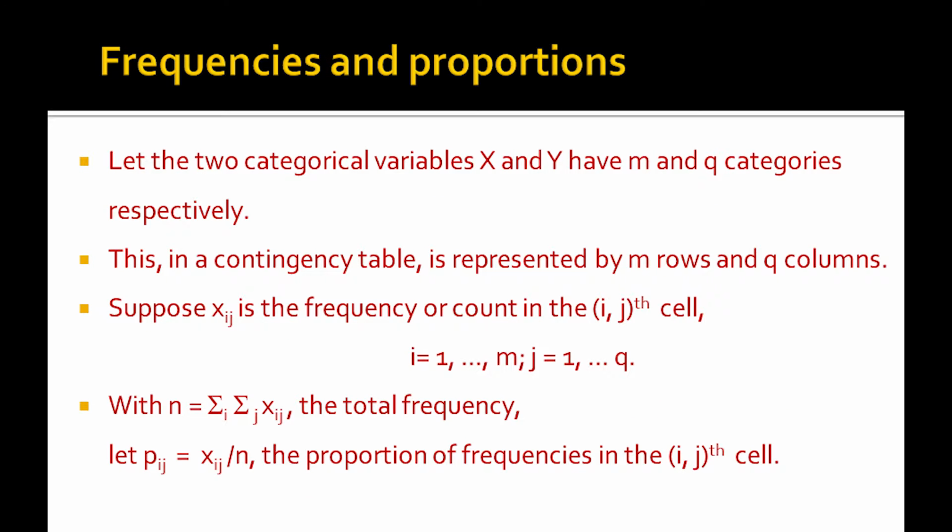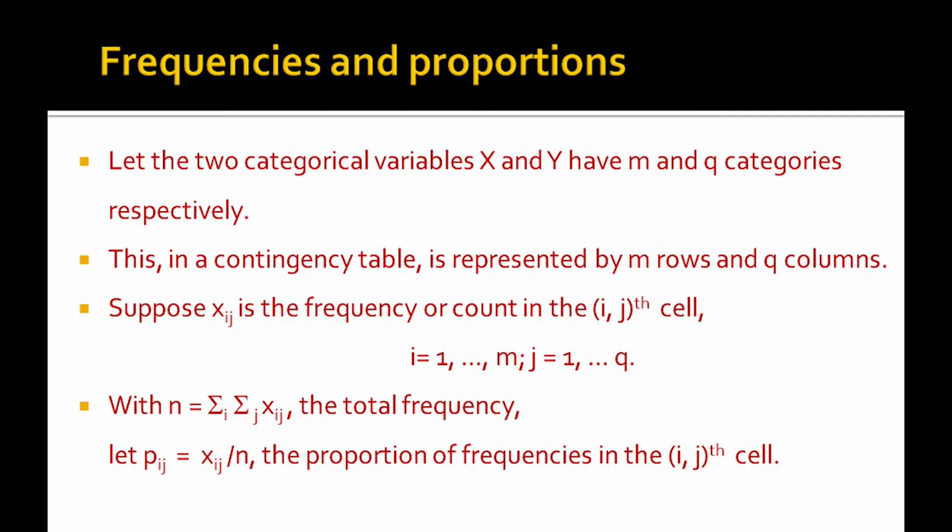Now suppose we call the two categorical variables x and y. And suppose x has m categories and y has q categories. So we have an m by q table of x values and y values. This is a contingency table represented by the m rows of x and the q columns of y.